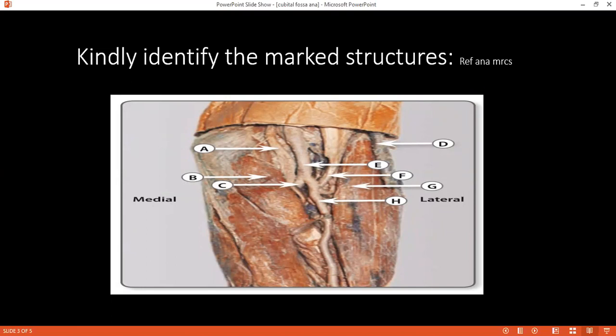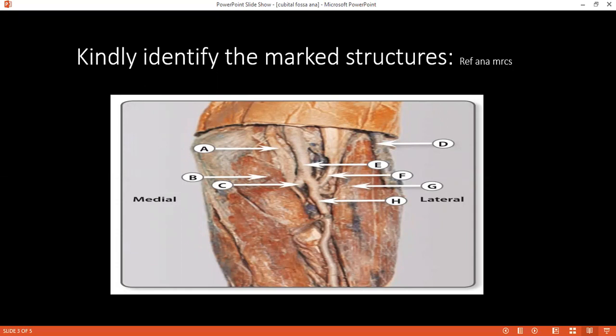As regards the bony content of the elbow, it is between the lower part of the humerus and the head of the radius and the olecranon of the ulna.